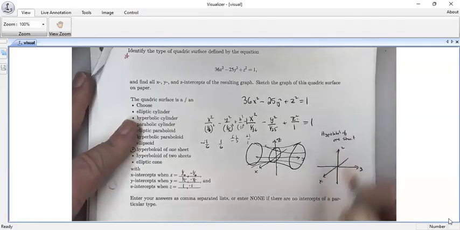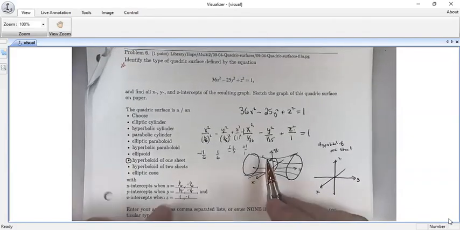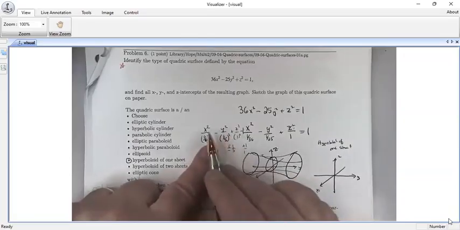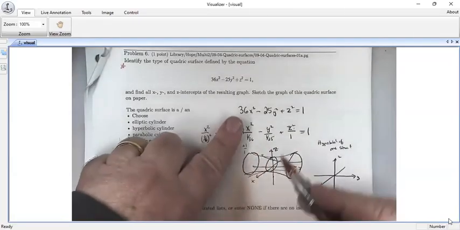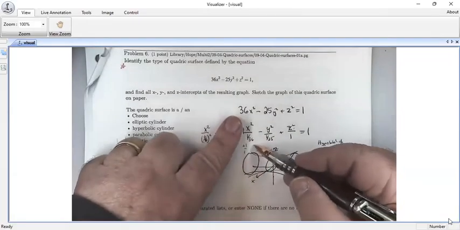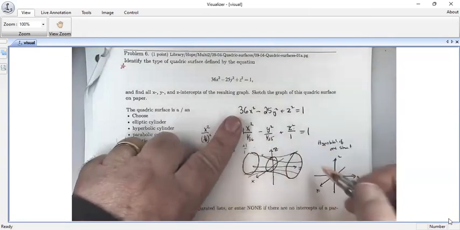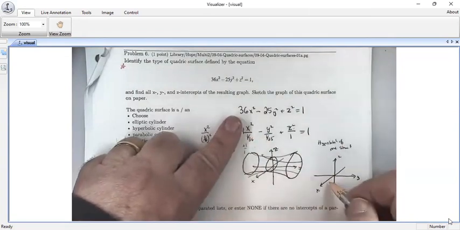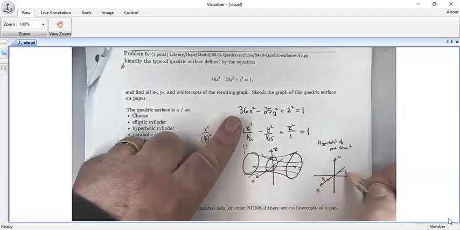When you actually do this, I'm writing this equation right here, putting the stuff on the bottom. So the x squared over a squared, a is 1/6, 1/36. So a is 1/6, so this will be 1/6 here on the x. It'll be negative 1/6 here. So you go through those points. That's what I'm referring to.